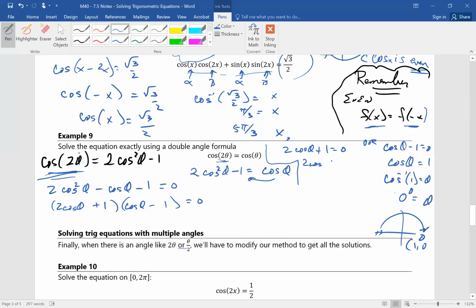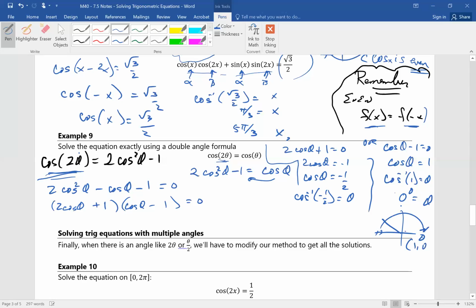2 cosine theta equals negative 1. Divide both sides by 2 to get negative 1/2. And here we go. Inverse cosine of negative 1/2. So my other angle is looking for the angle that's going to give me negative 1/2. And because I'm on a unit circle, I have to go back here.